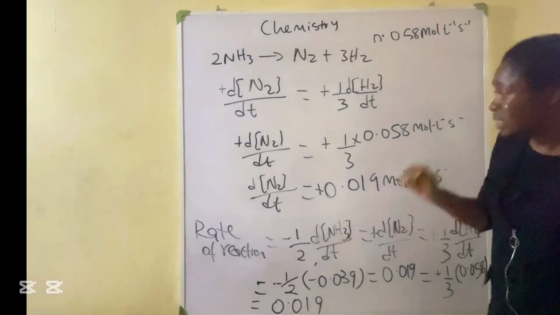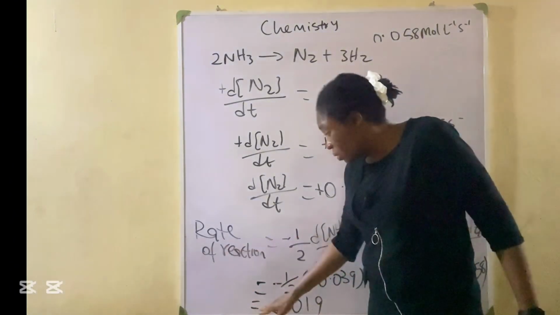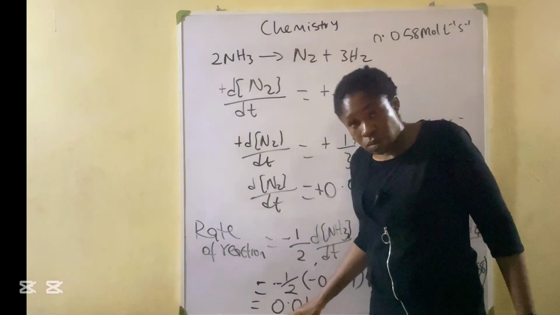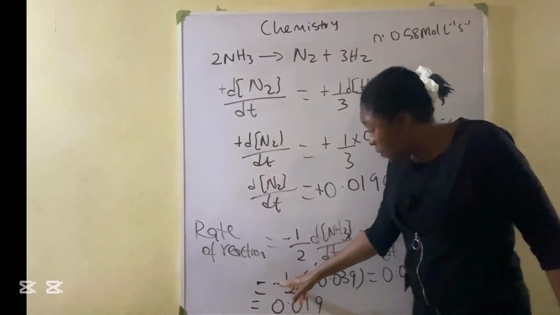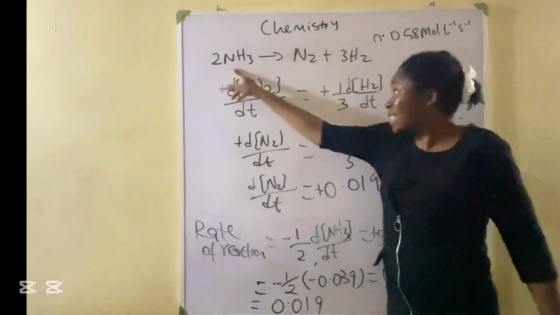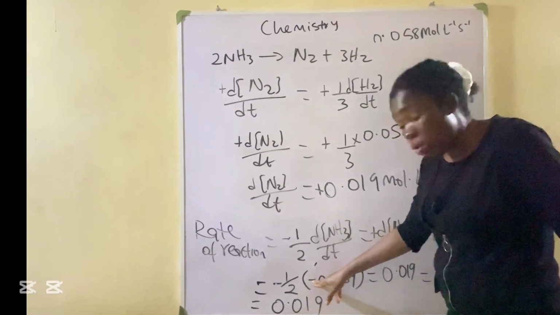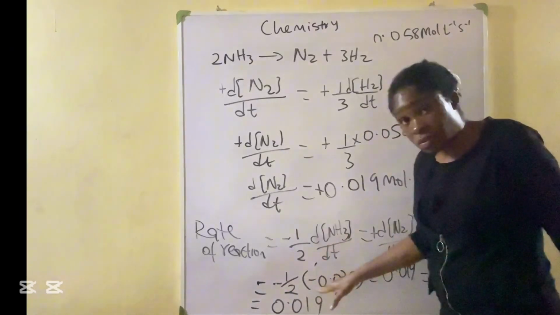So the value is positive. Rate of reaction will always be positive, not minus, because even when you have minus for ammonia, which is the reactant disappearing, the answer you got there is minus, so that minus cancels.